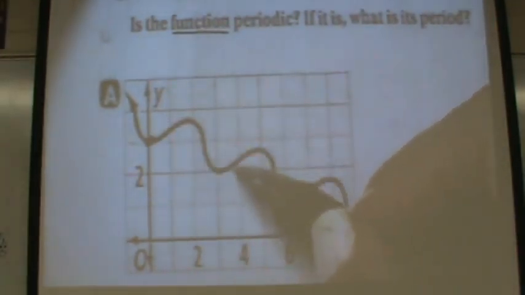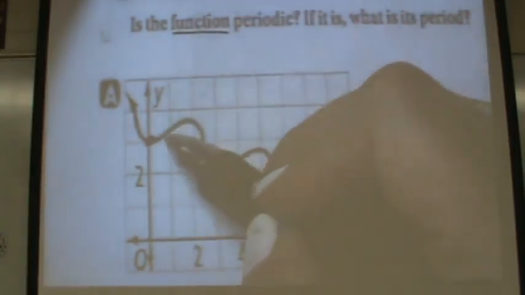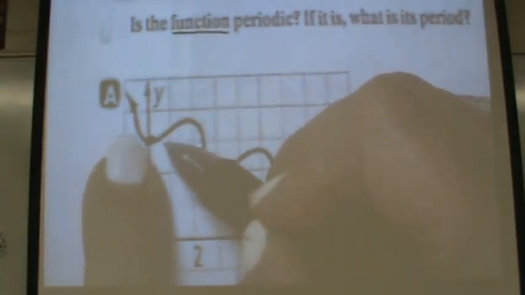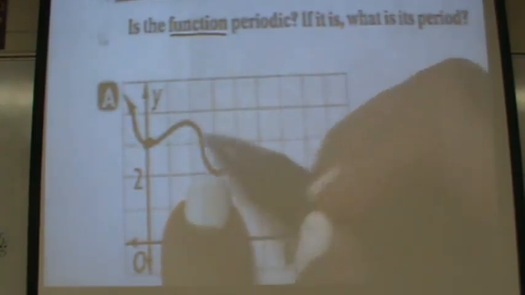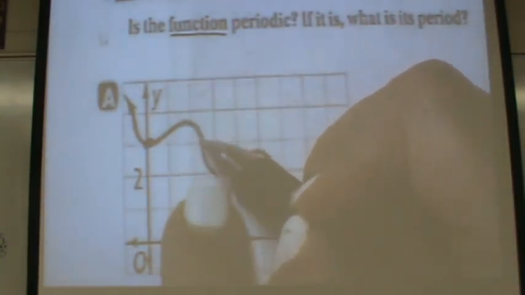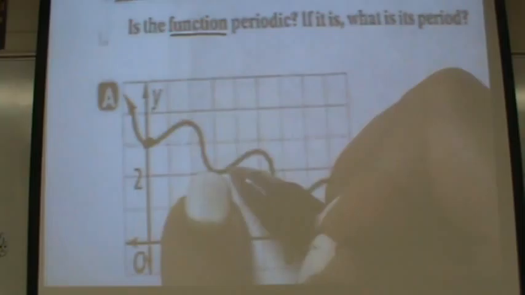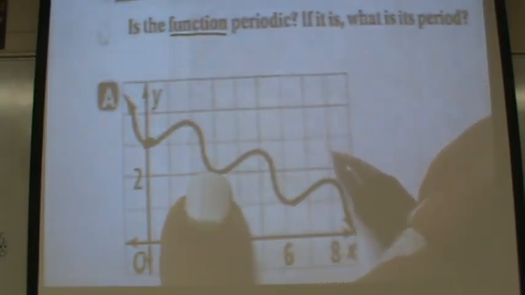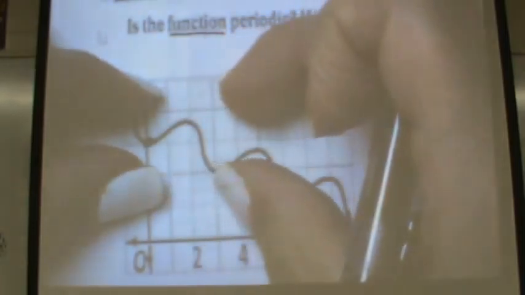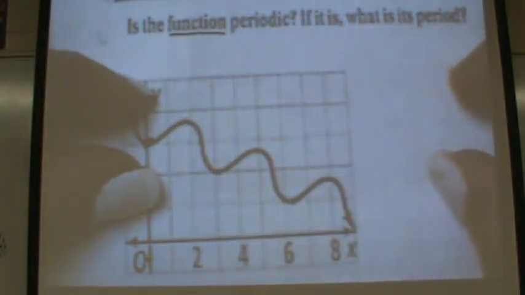For it to be periodic, if we wanted to make this periodic and we wanted this to be the cycle, we would go here and then we would have to do this pattern again this way. Your y value would be like along here.